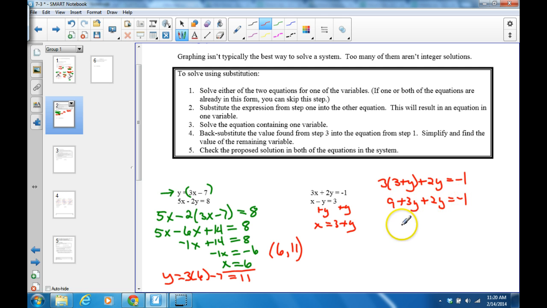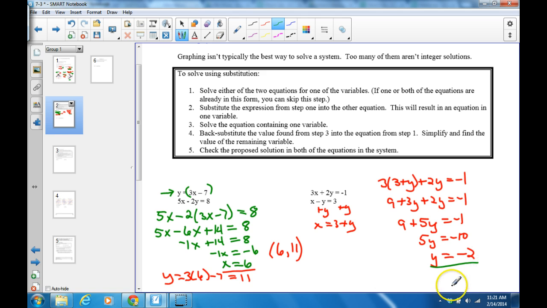What are my y's together? 5y. Now what? Yep, so I'm going to subtract a 9. So it'll be 5y equals negative 10. So what's y going to be? Negative 2.